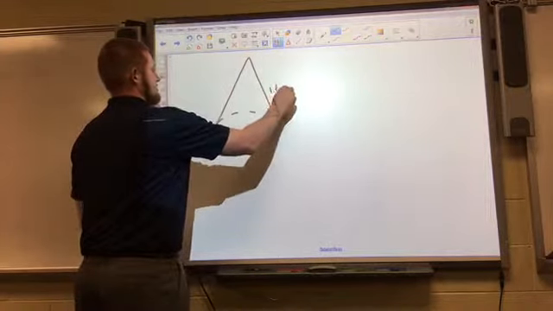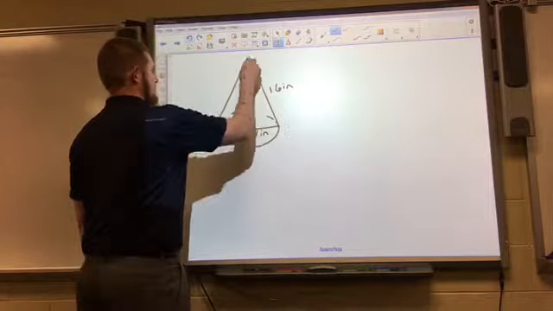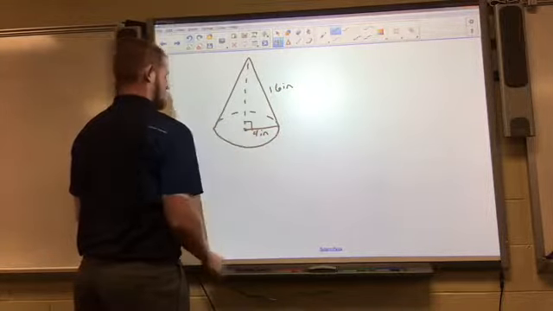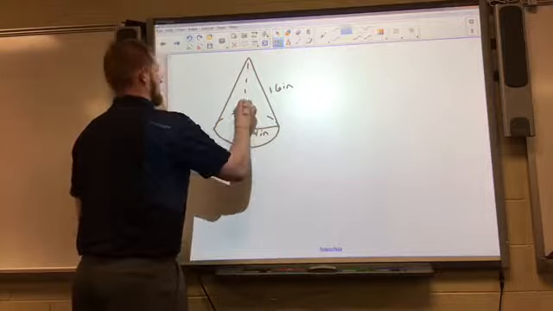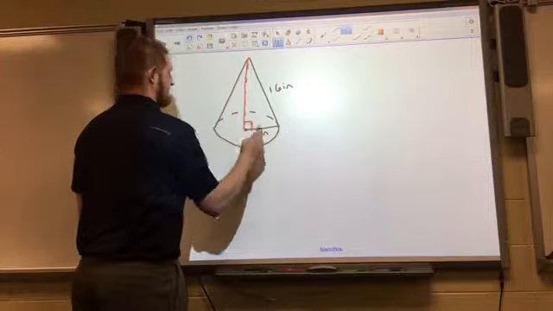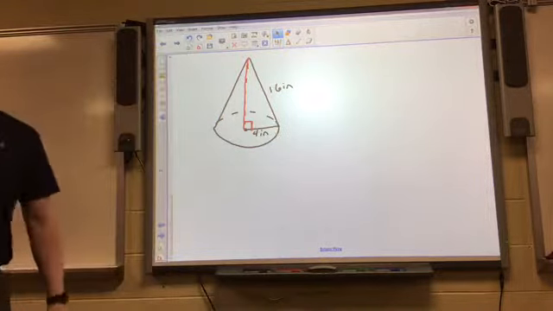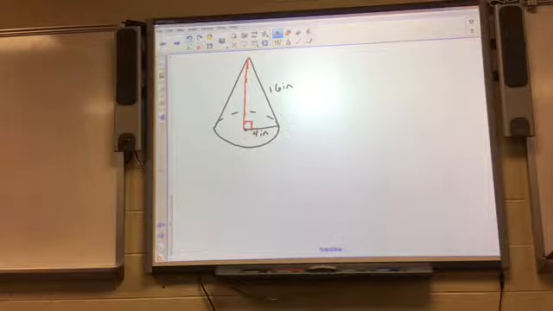I have 16 inches here. They show me that this is a right cone. Actually, I'll draw that in red so we know it's on the inside. It's a right cone because they showed that to me. I want to find the volume.